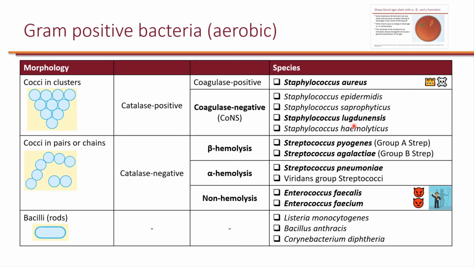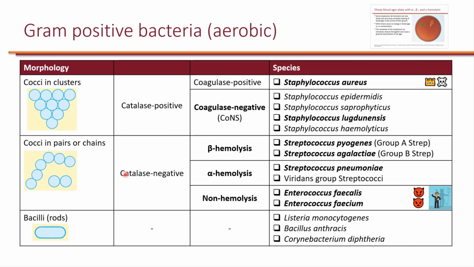And Staphylococcus lugdunensis is one that can cause severe infection, so that's why I have bolded it. But these are typically present on the skin. The same with Staphylococcus aureus. All staphylococci are typically present on skin, and occasionally they find their way into the body and cause infection.